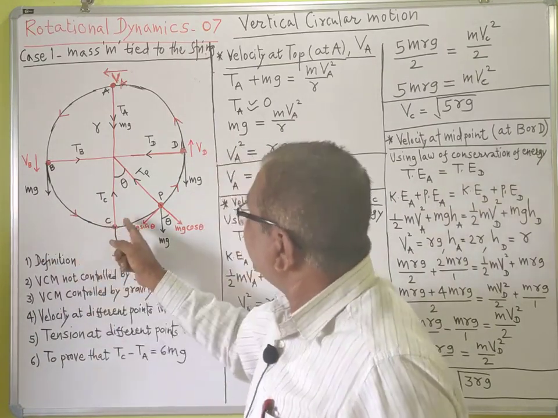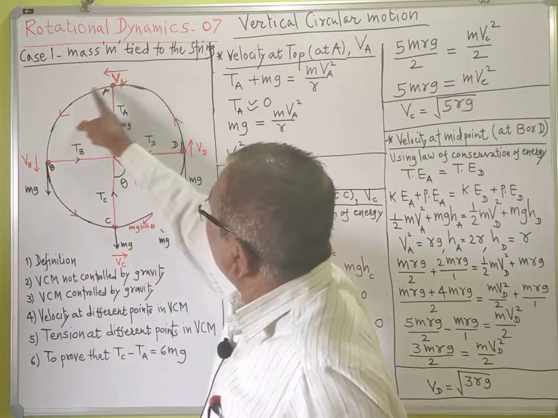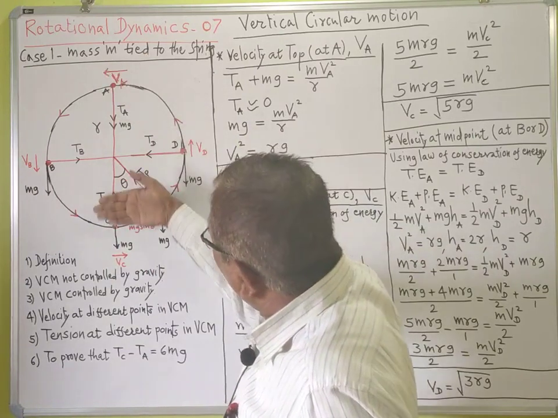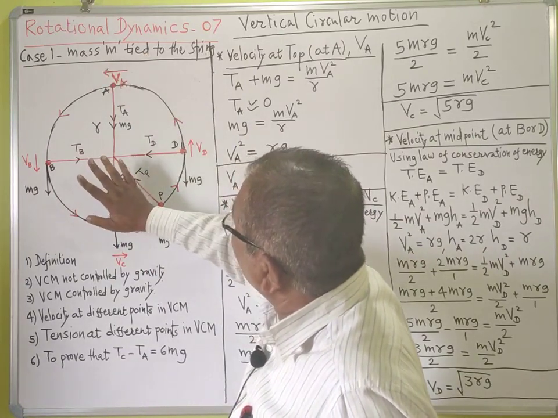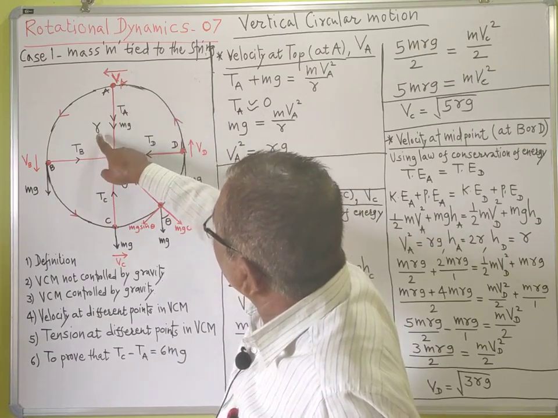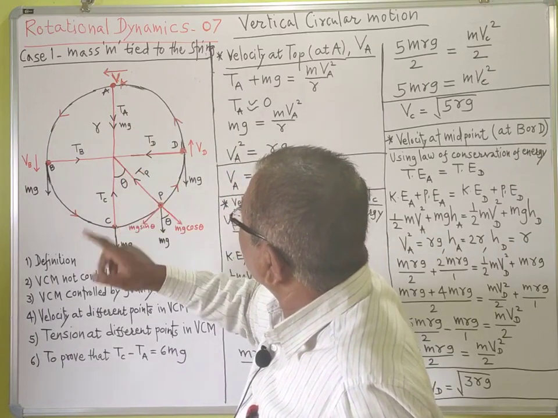Consider a particle moving in an anti-clockwise direction along the circumference of a circle in a vertical plane; this is called vertical circular motion. The radius of the circle is small r.